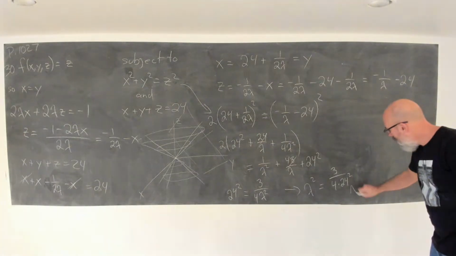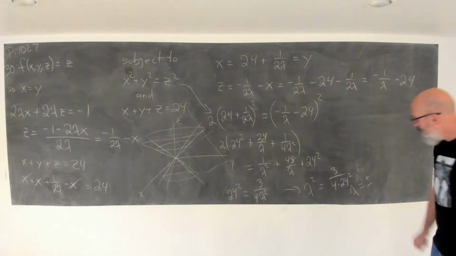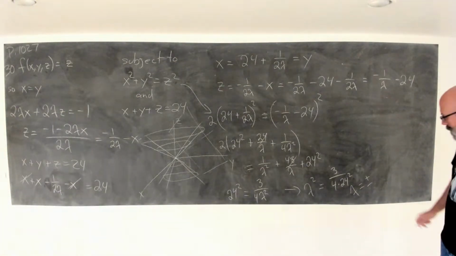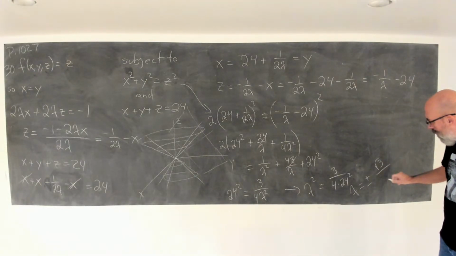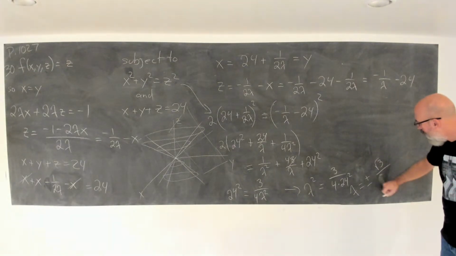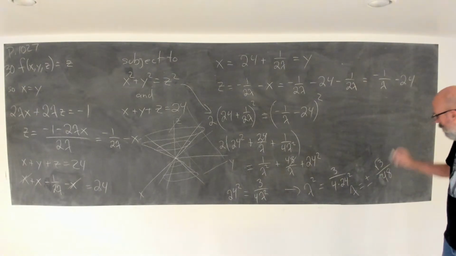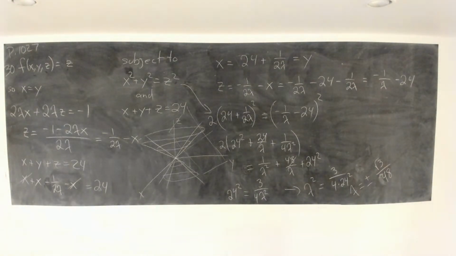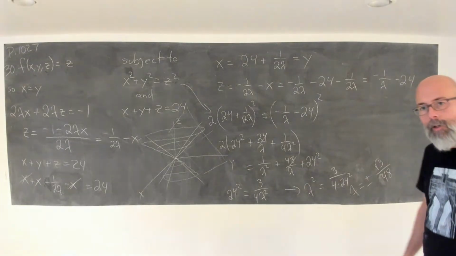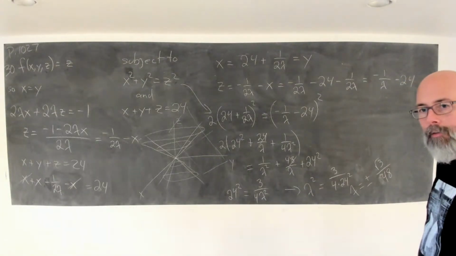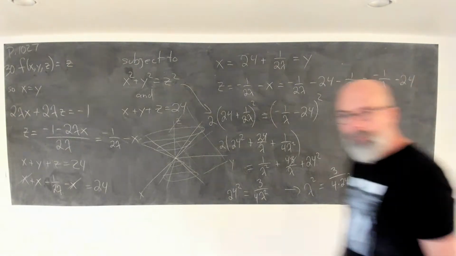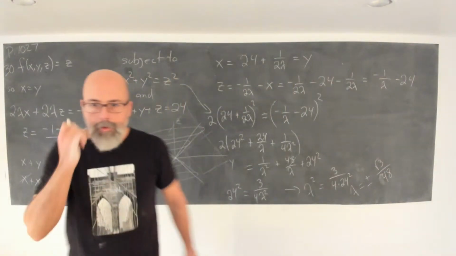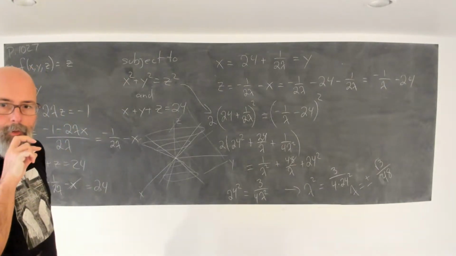And so lambda is plus or minus root 3 over 48. All right, that was 768. Is that correct, Joseph? Did I make a mistake?